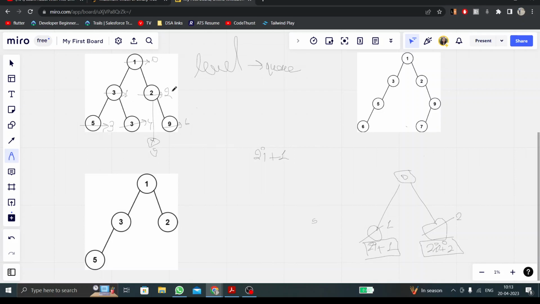So how can we come to the width from this? See, in this level, this is the only node. Let's take the example of level 1. We can find the width with a formula: last minus first plus 1.